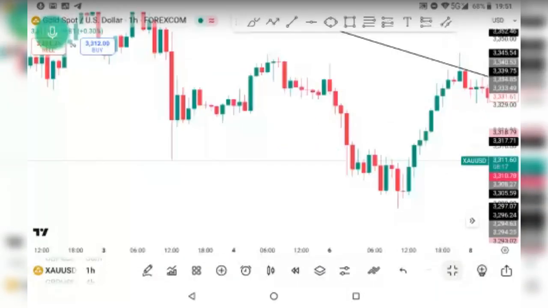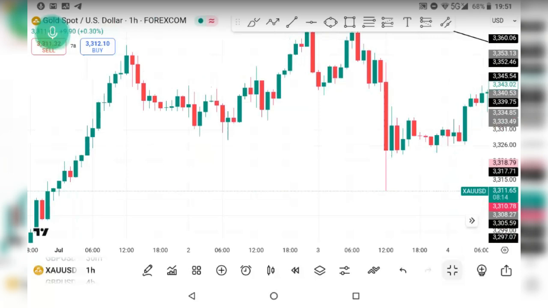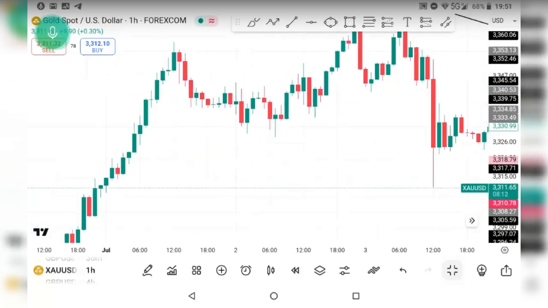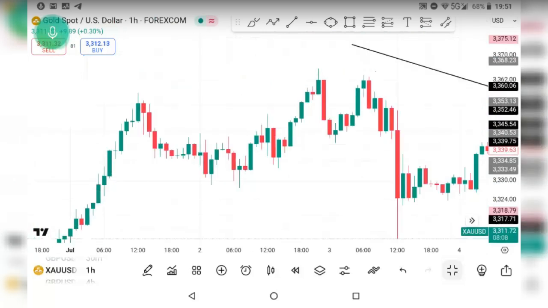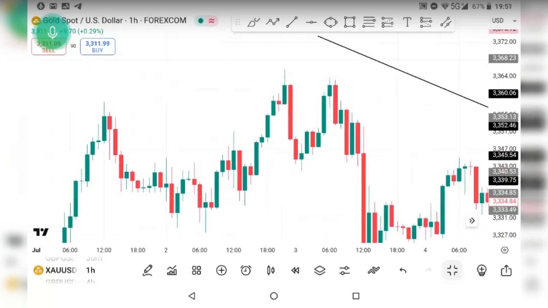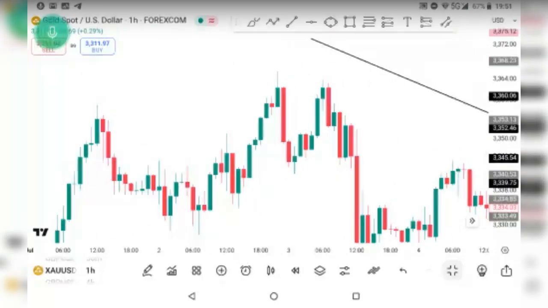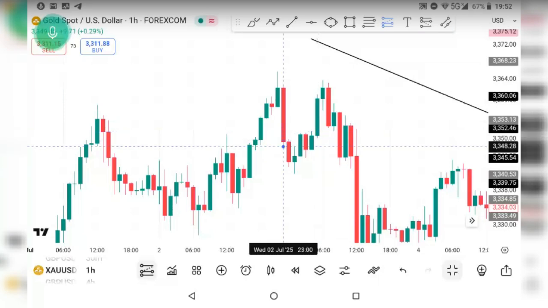So let's look for another morning star. If you look here now, we have another morning star around here. This is the morning star confirmation. You can see the red candle and the green candle.